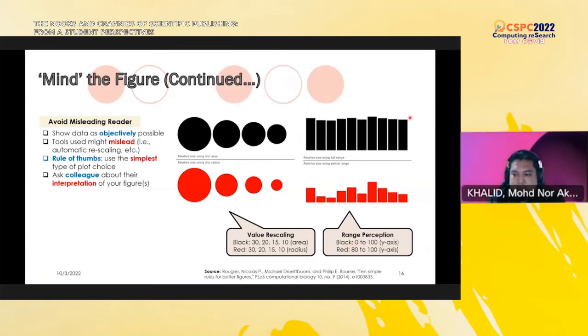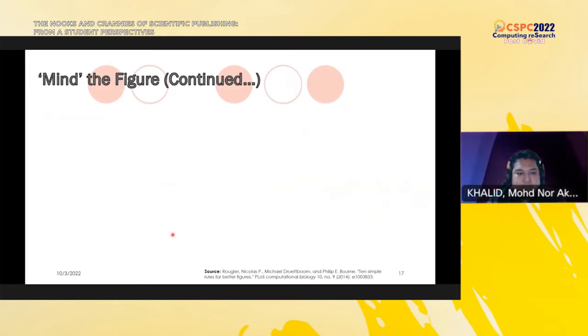But if you scale it to the range from 80 to 100, you can see the same data has a very distinct pattern. Of course, because it is from 80 to 100, it is very focused at this upper part, and because of that, the data looks very distinct. So try not to mislead your reader whenever you make your figure.